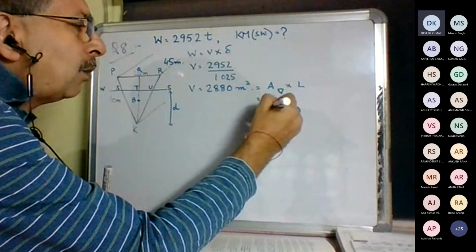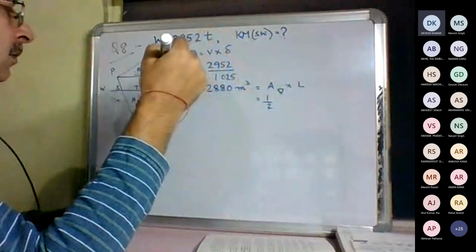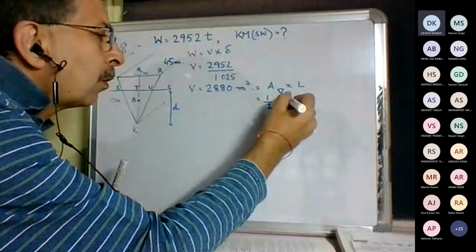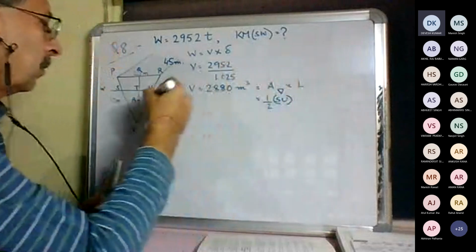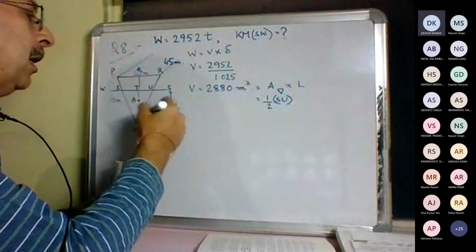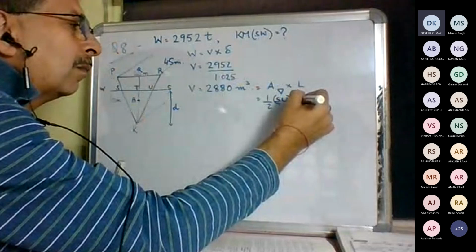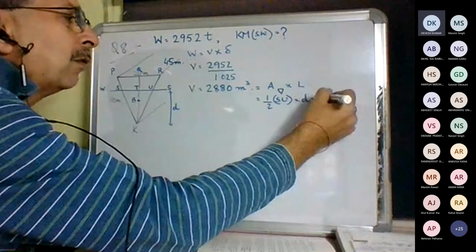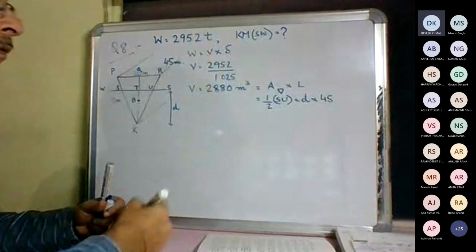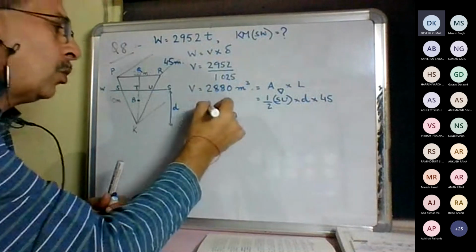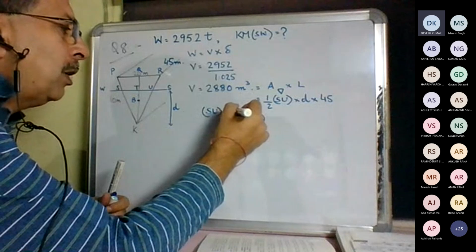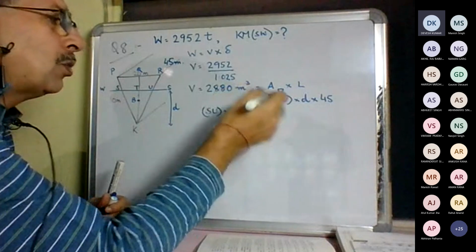Area of the triangle underwater is half into SU into D, into 45. So SU into D is equal to something.